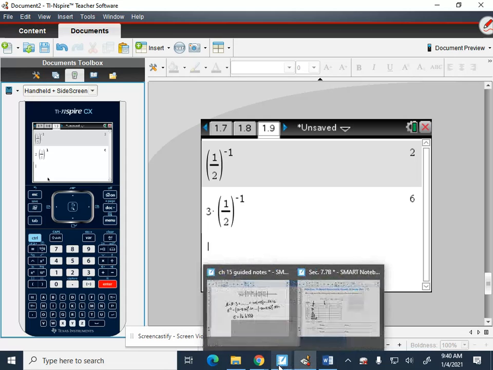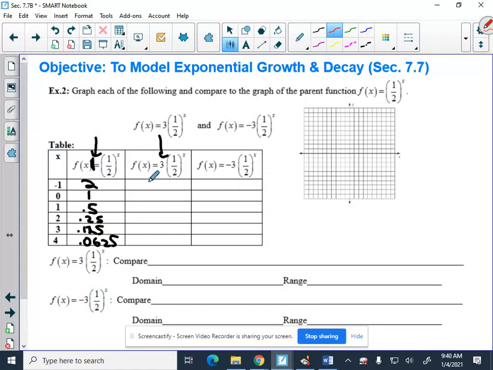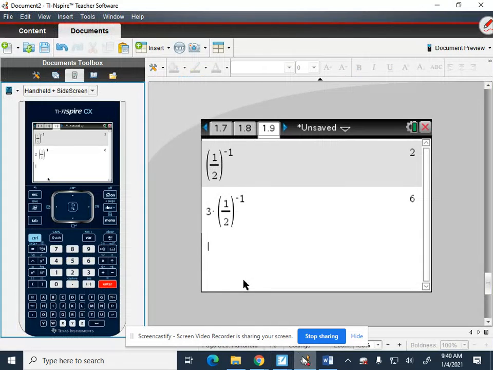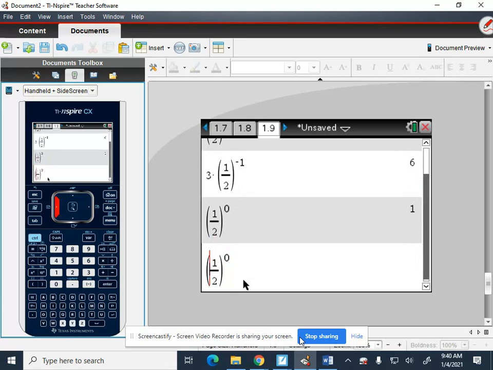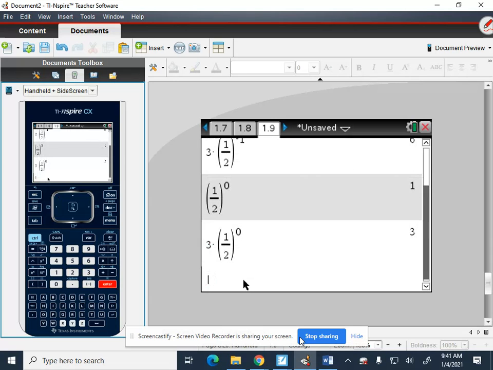So this one here, this makes it 6. When I put in the 0, I get 1. What do you suppose happens when I put in the 0 here? What do you think we get? I put in the 0, I get 1. But when I put the 3 in front of it, what do you think I get? 3.